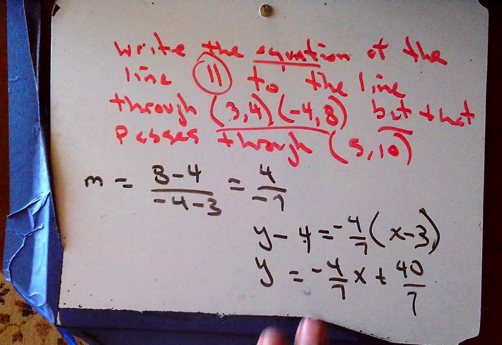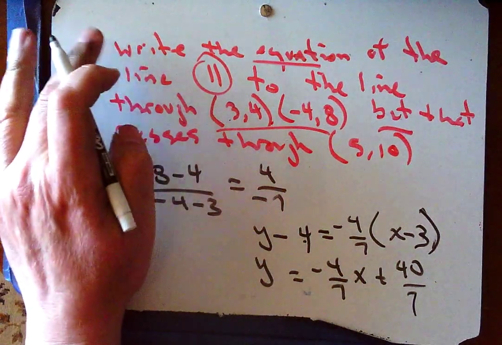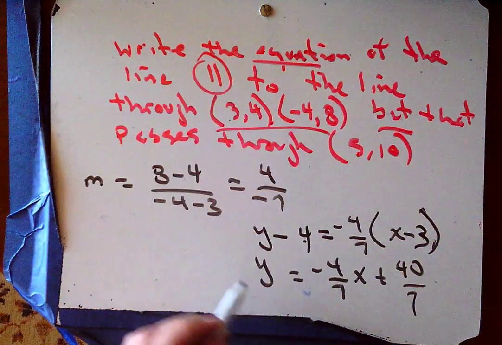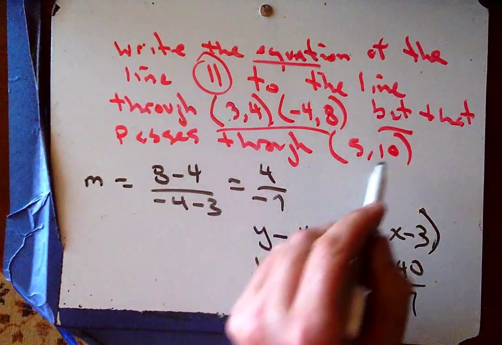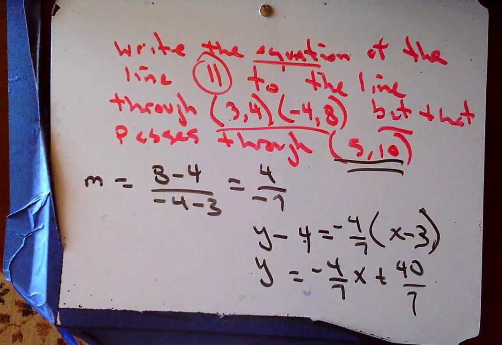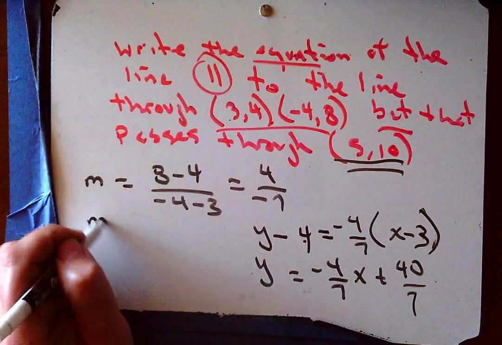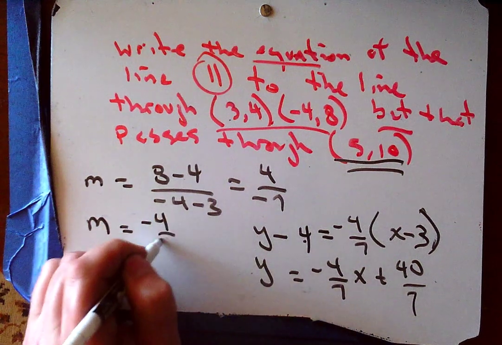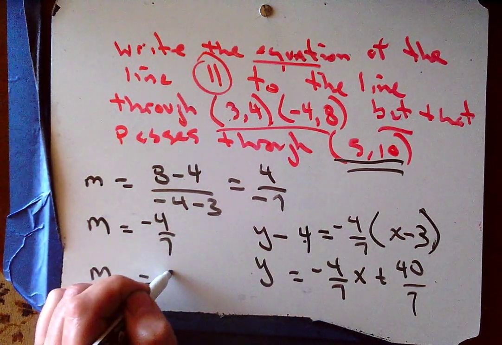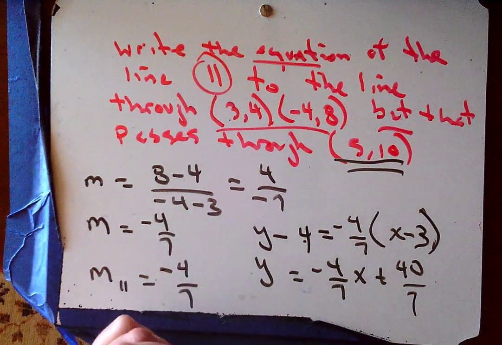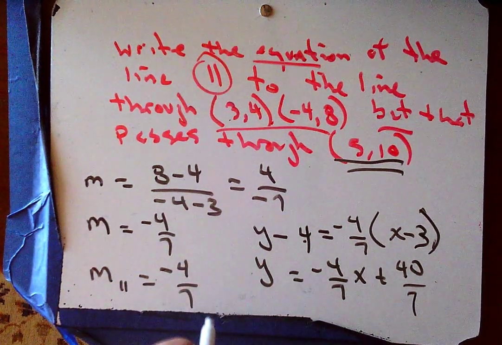So I'm supposed to write the equation of the line that's parallel to this line, but this parallel line has to pass through this ordered pair. So what do we remember about the slopes of parallel lines? Our slope is negative 4/7. The slope of any line parallel is the same. Okay, I want that same slope.